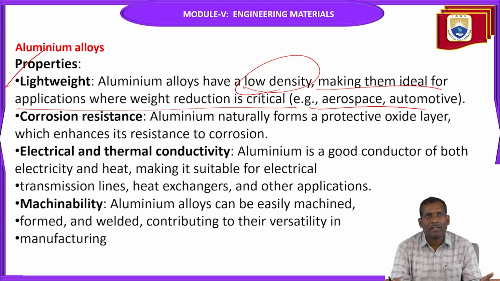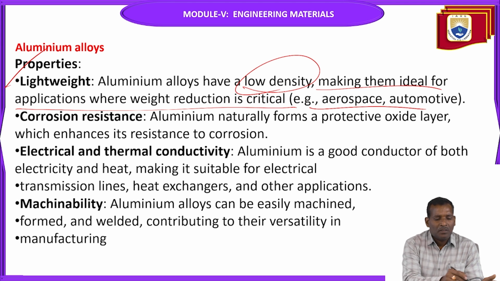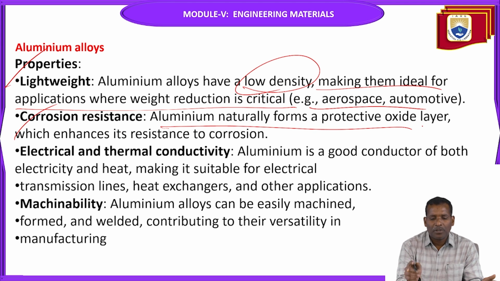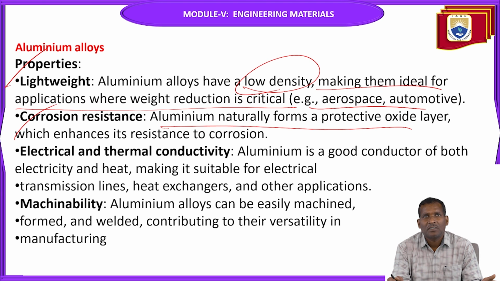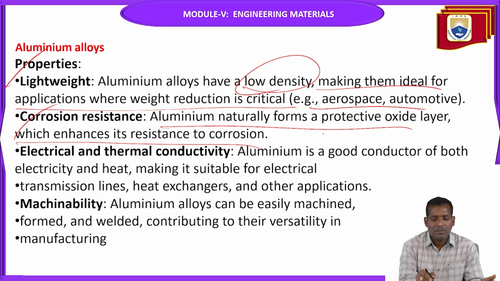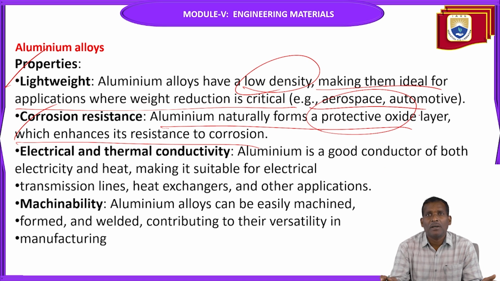Next, one more property is corrosion resistance. Aluminum naturally forms a protective oxide layer, which enhances its resistance to corrosion. Whenever a layer forms on a metal surface, it enhances the resistance to corrosion.